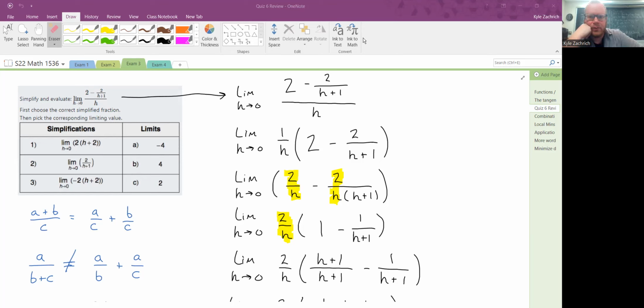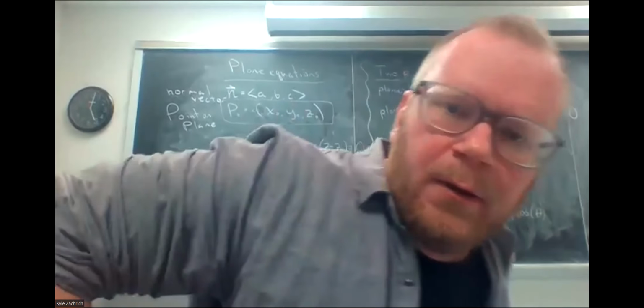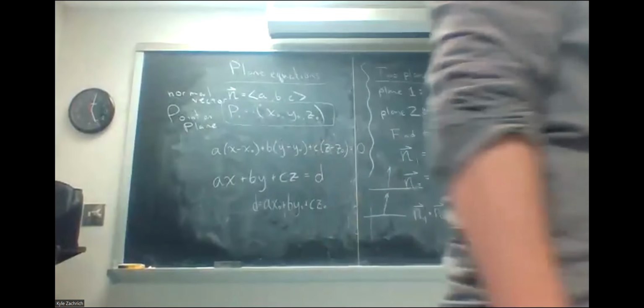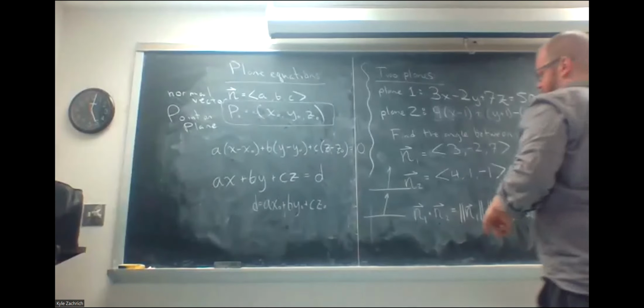Normal vectors, here's a problem that I think came up a couple times: how to use the cross product to find the normal vector.